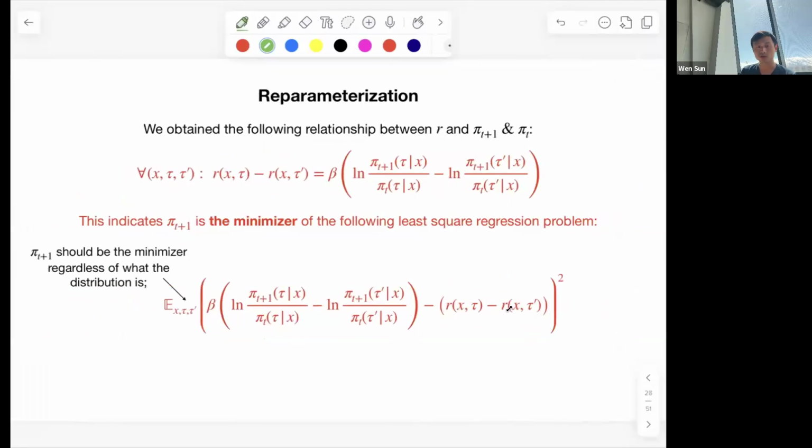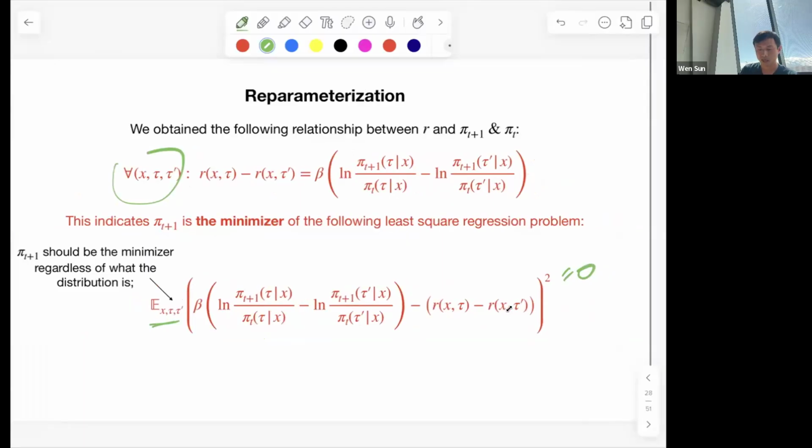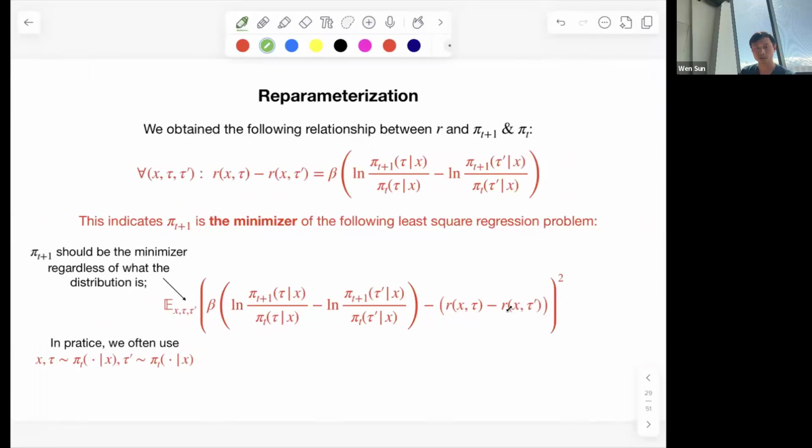And this has nothing to do with what distribution you're going to use for x, tau, tau prime, right? Because the relationship holds for every triple x, tau, tau prime. So this means that you can use any training distribution here. It doesn't matter. Pi t plus 1, the analytical form solution, will be the solution that drives the loss to be 0. And in practice, when we design an algorithm, we're going to replace the expectation, the training distribution, using the current policy pi t that you have at hand.